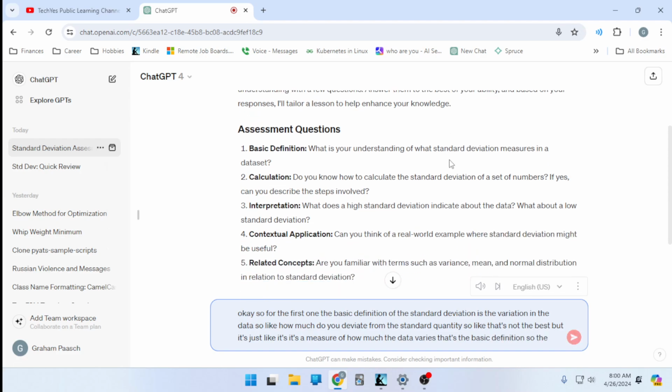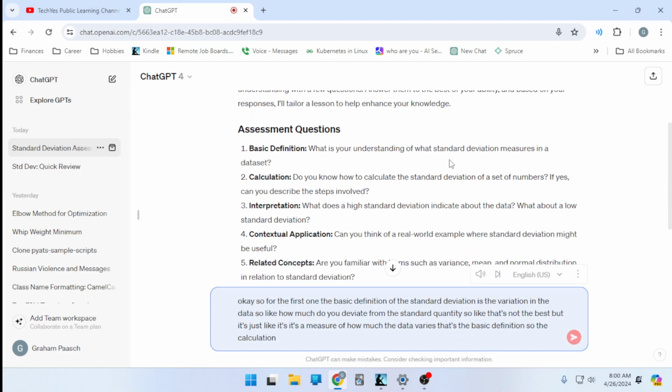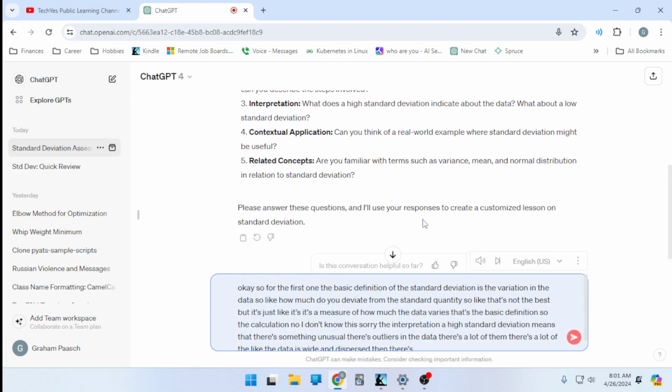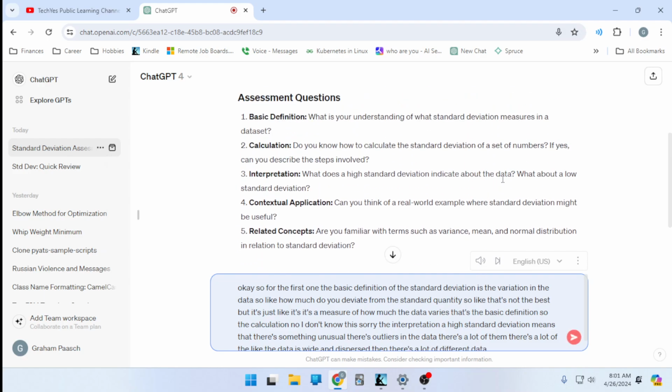The calculation, no, I don't know this. Sorry. The interpretation: a high standard deviation means there's something unusual, there are outliers in the data. The data is wide and dispersed, with a lot of different data points. So a lot of variation in the data.